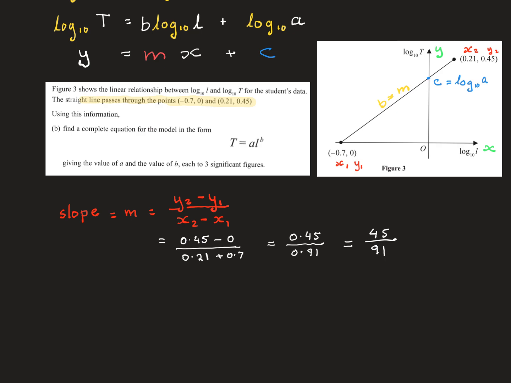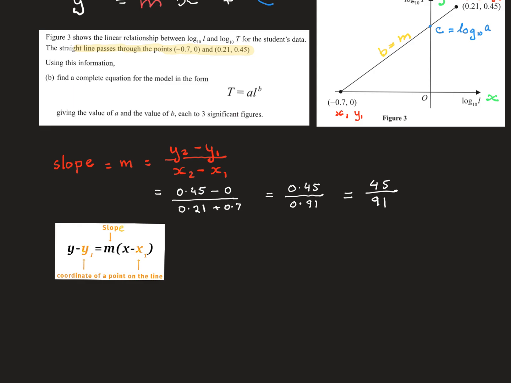Okay, now using the equation of the line, we might be able to find c. We can choose one coordinate, and I'll choose the one here at the bottom. So we will have y minus y1, which is 0, is equal to the slope, which is 45 over 91, multiplied by x take away minus 0.7.